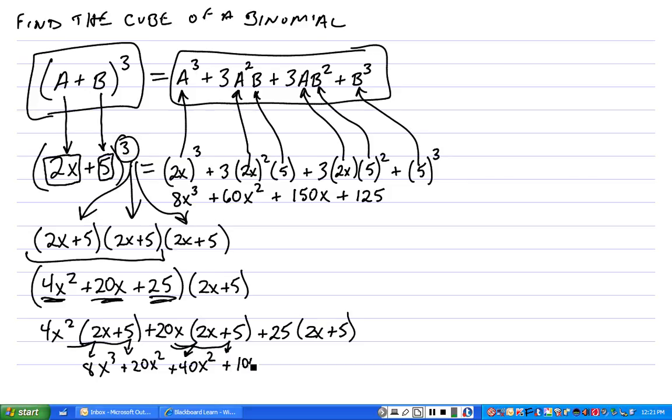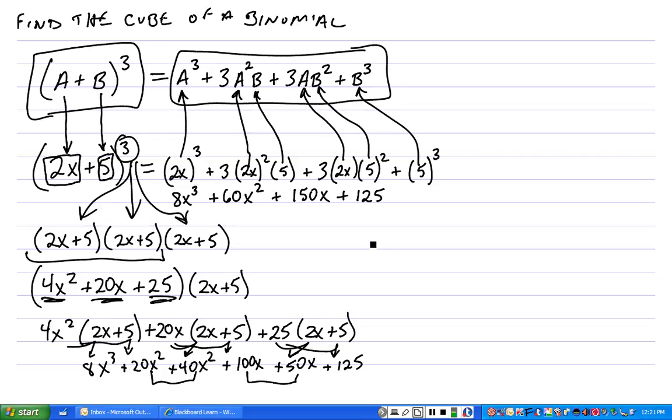Here, that's 100x. This will give me plus 50x, and that will give me plus 125. Combine like terms, which are here and here, here and here.